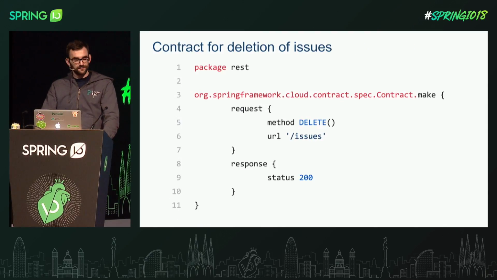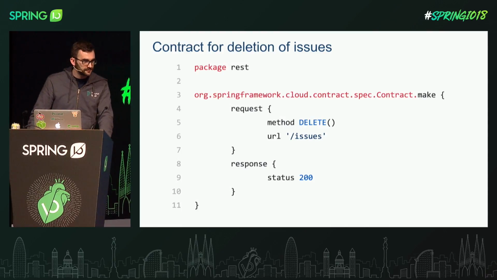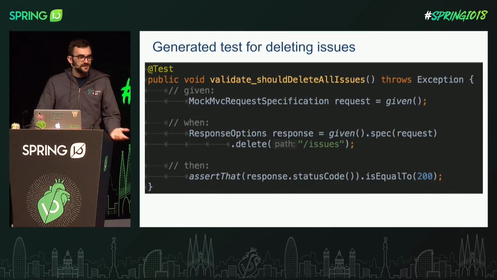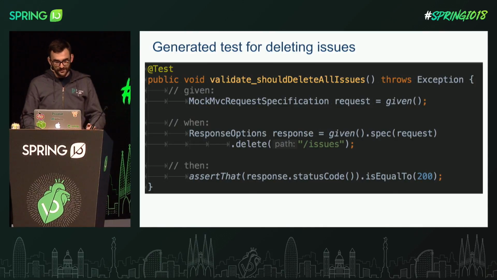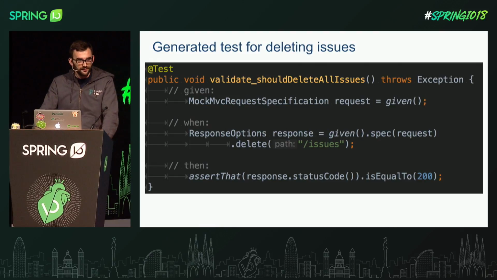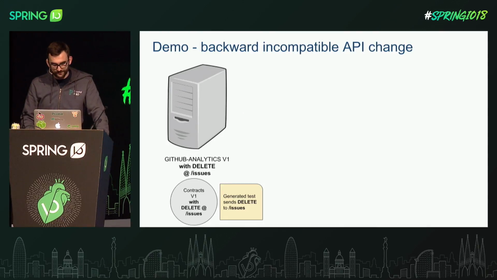This is the contract, very simple. Method delete to URL issues should return status 200. So this is the test, saying if you send the delete to issues, we expect status code to be 200. Great. So we've gone to production with GitHub Analytics V1.